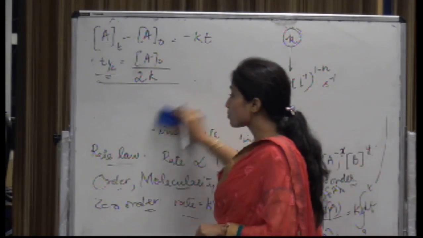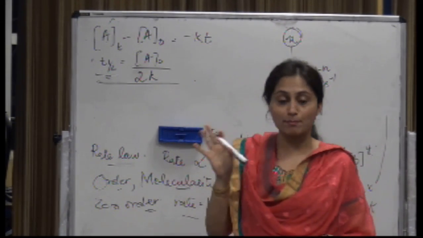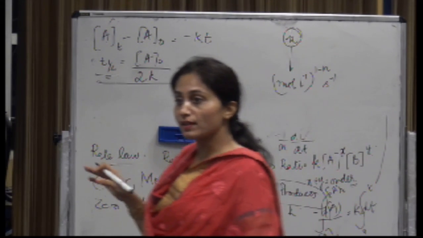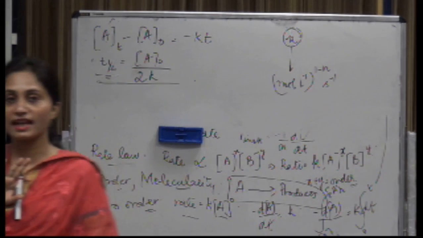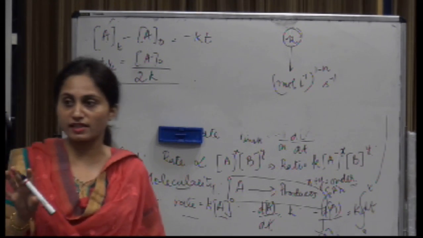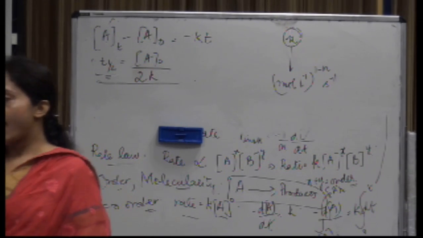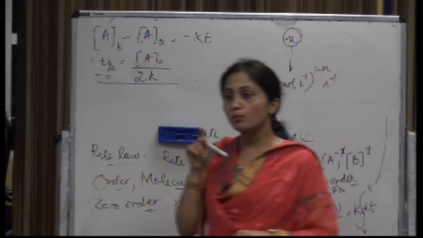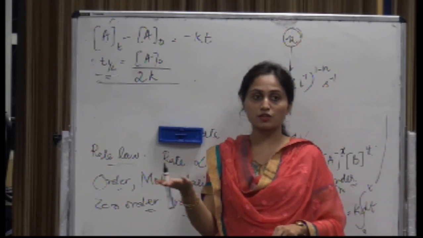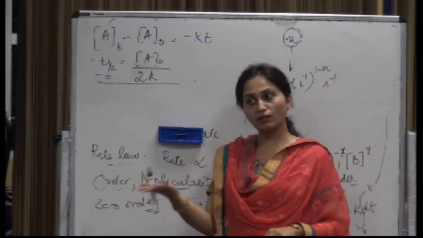Then what is more important is that you remember some examples of zero order reactions. One example is that many enzyme catalyzed reactions are of zero order. And decomposition of ammonia on a solid surface, on some solid surface of platinum, maybe nickel also is possible.